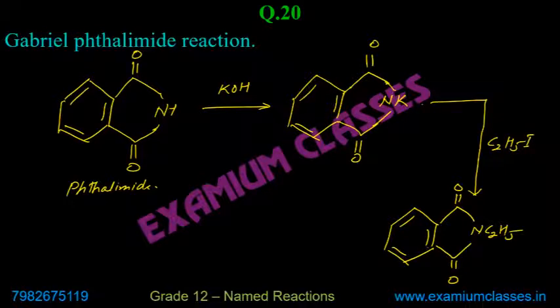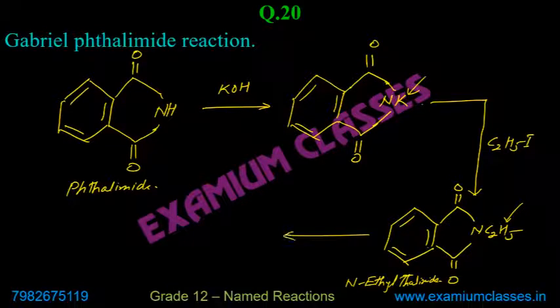So first hydrogen was replaced by potassium, then potassium replaced by alkyl group. That's why we call it, in this case, ethyl phthalimide. So it will depend on which alkyl group replaces potassium: ethyl phthalimide, propyl phthalimide, like that.